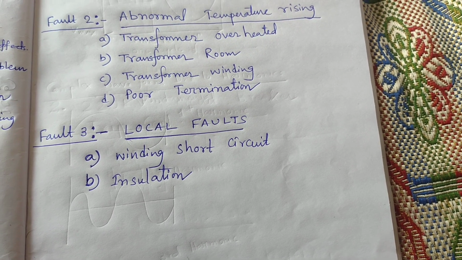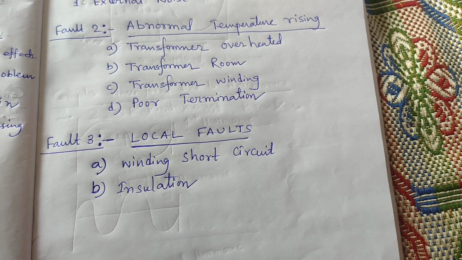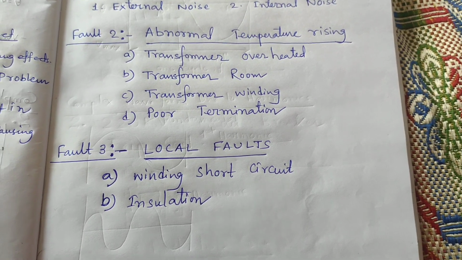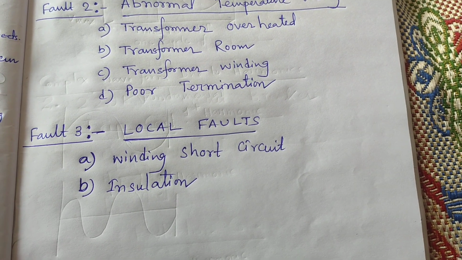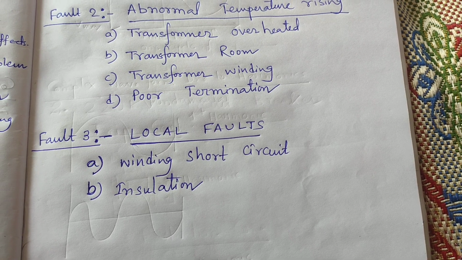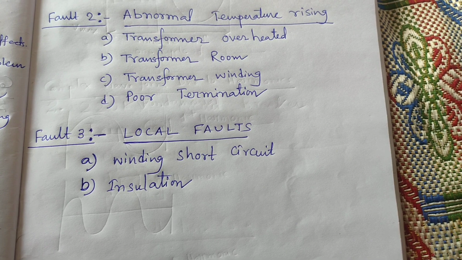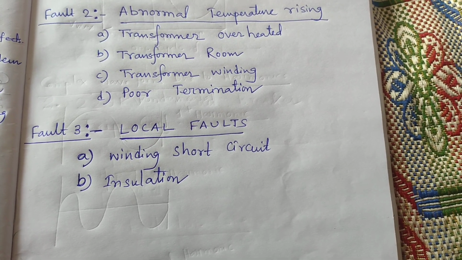And if there is any problem on the Buchholz relay, the action should be the same. We should check if the oil level of the Buchholz relay is full, and what condition the floating part, a flap inside the Buchholz relay, is in.